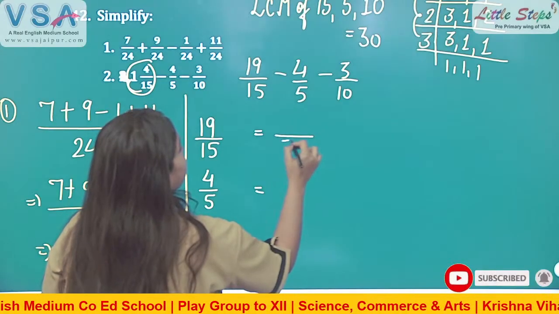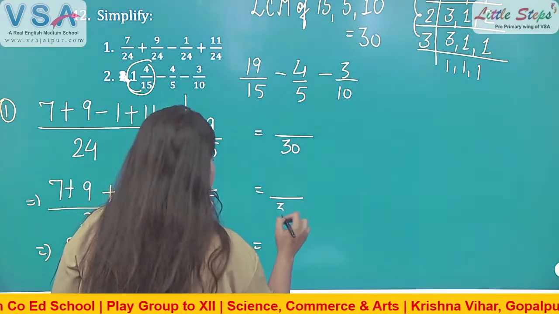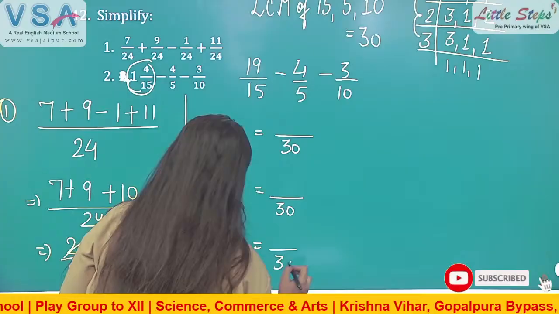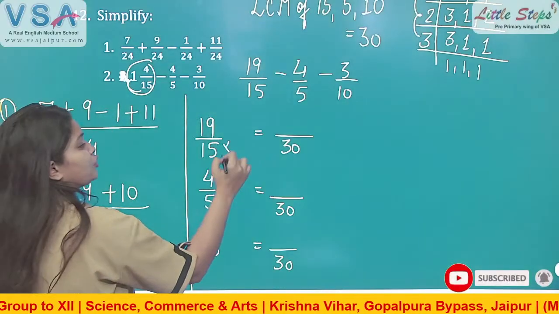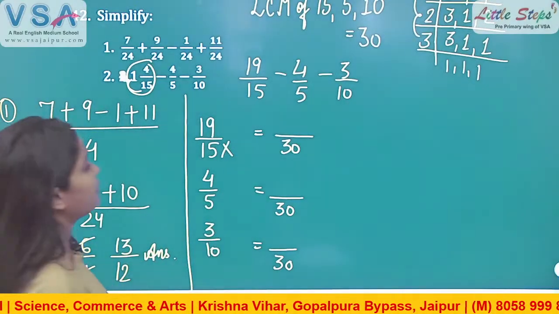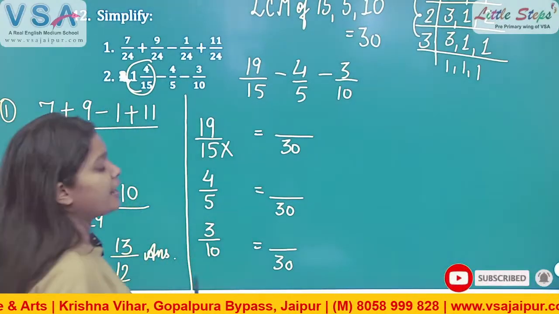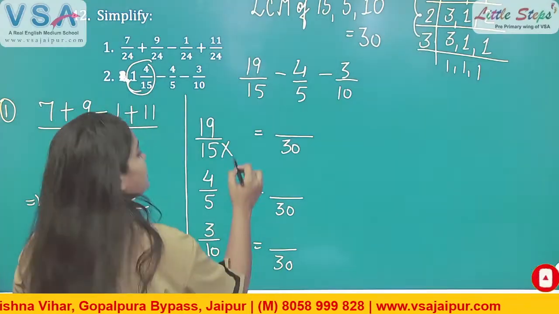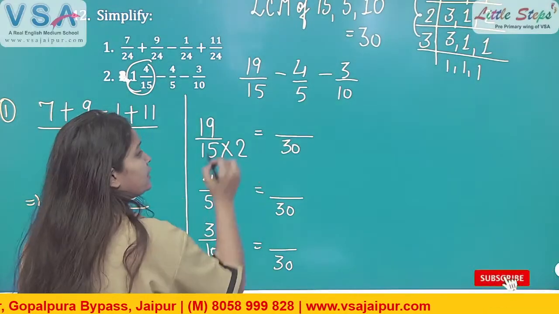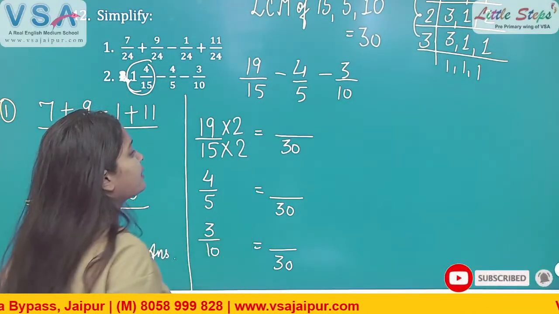We have here 30 in the denominators of all the numbers. Let's multiply the denominator. 15, to which number we will multiply? 15 will become 30 by multiplying with 2. 15 to 30, then we have to multiply 19 into 2.